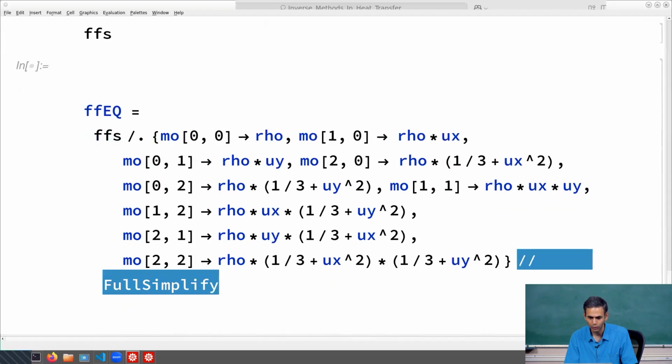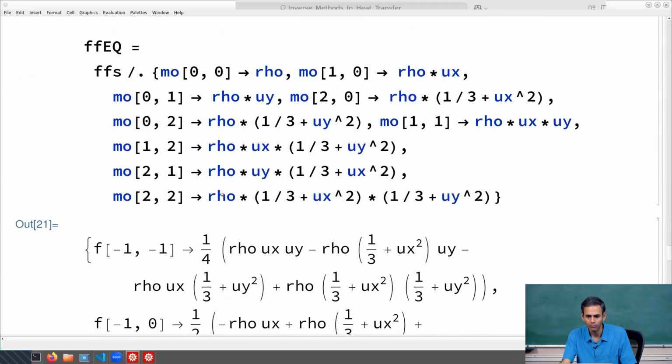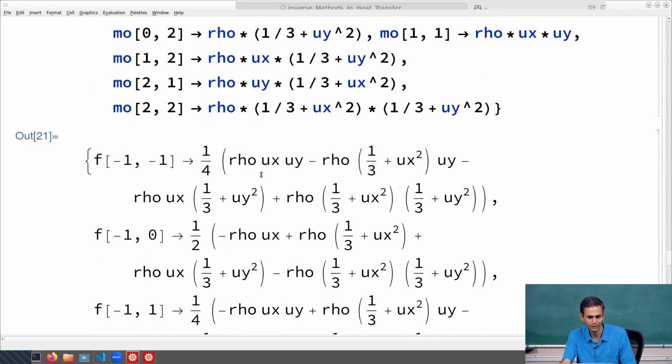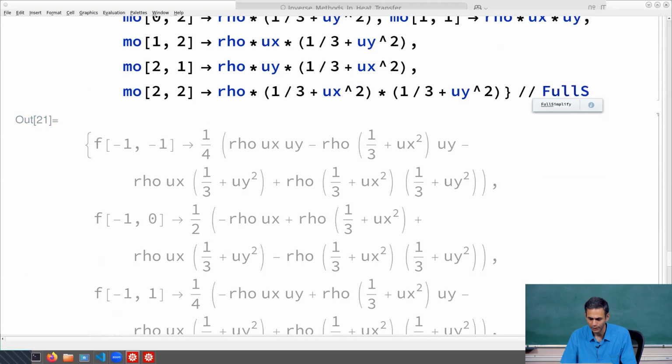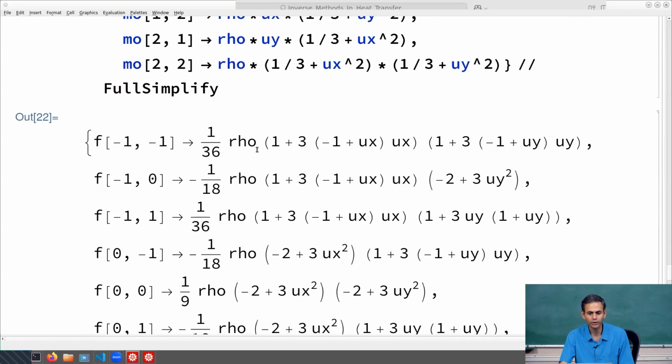Okay, so if we do that, this is basically the same as before, but because as you can see there is rho in every term here, we want to simplify things and we say FullSimplify and solve for it. Then it is going to take out things that can be taken common for these terms, and it is going to give you 1/36 of rho times 1 plus 3 ux times 1 minus ux minus 1 and so on, right.